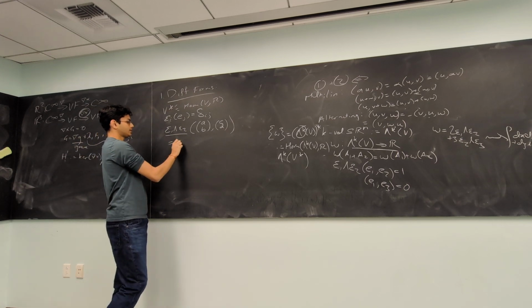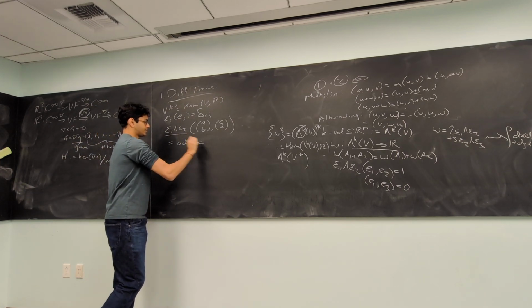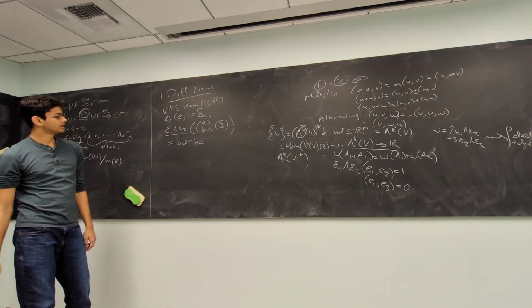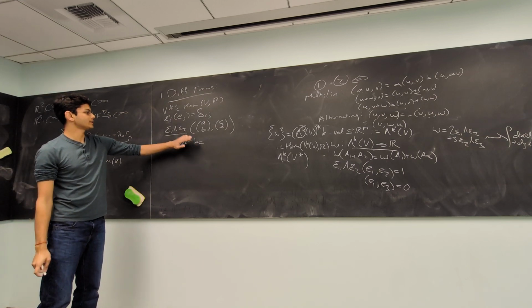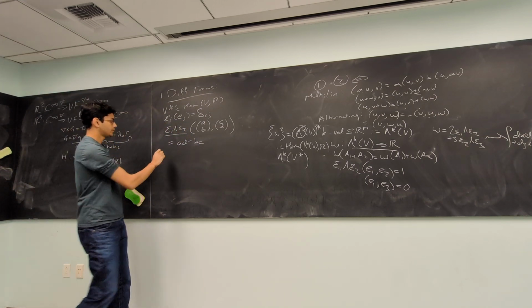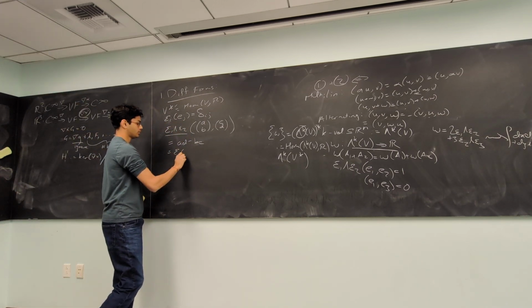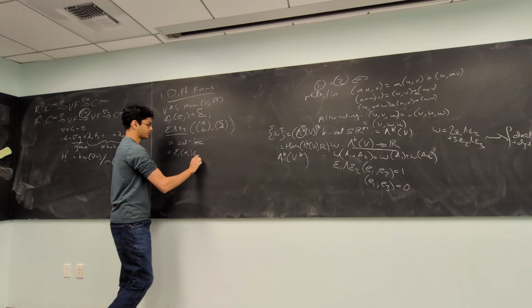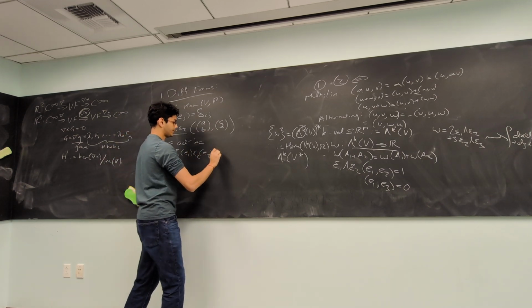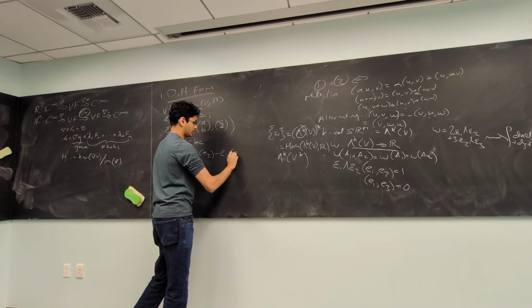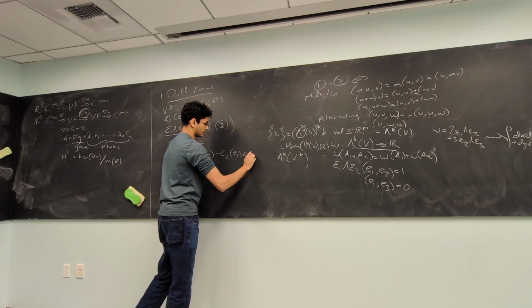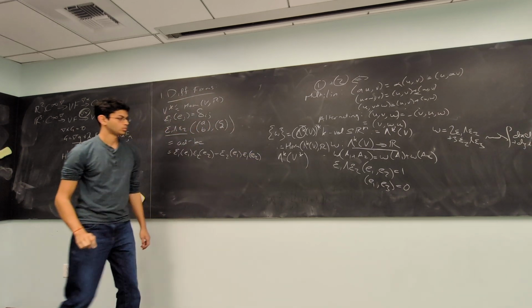And we saw that that is equal to AD minus BC. How can you write AD and BC in terms of these epsilons? Well, we can write this as epsilon 1 E1, epsilon 2 E2 minus epsilon 2 E1, epsilon 1 E2. Does that make sense?